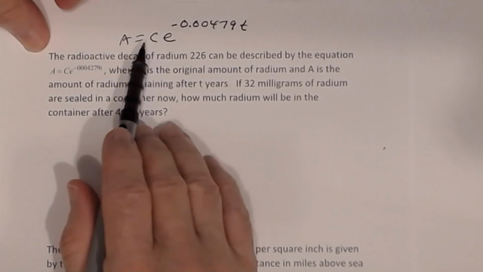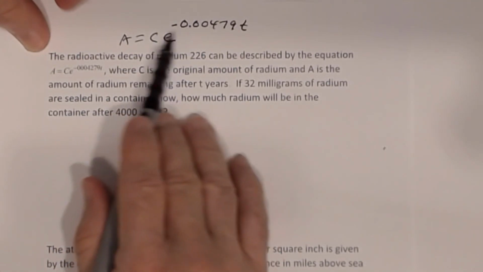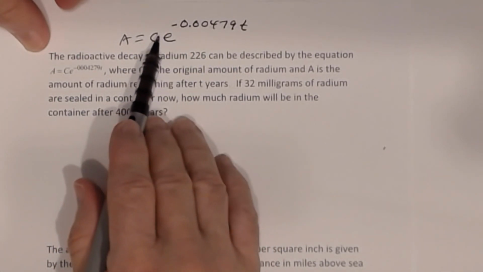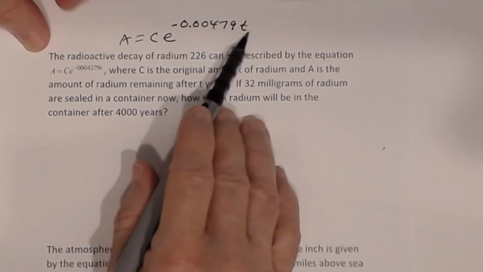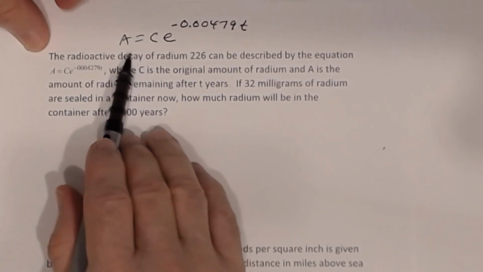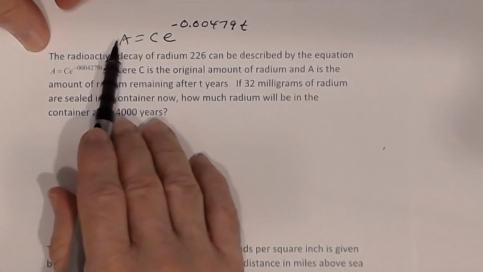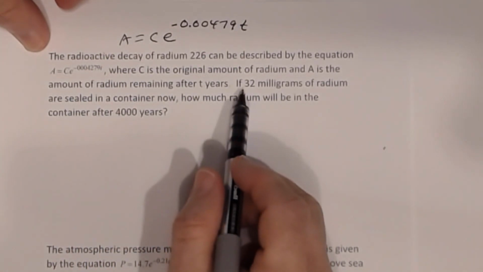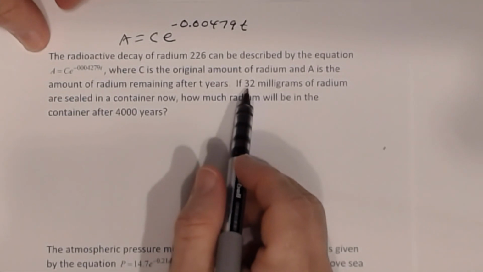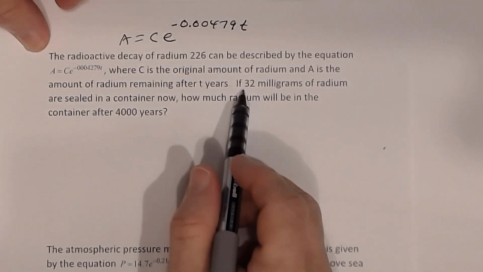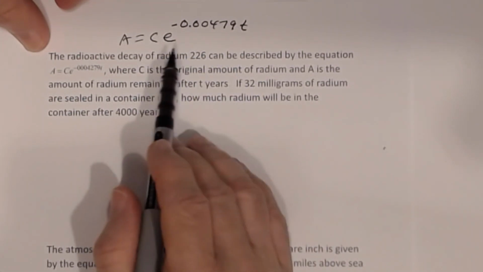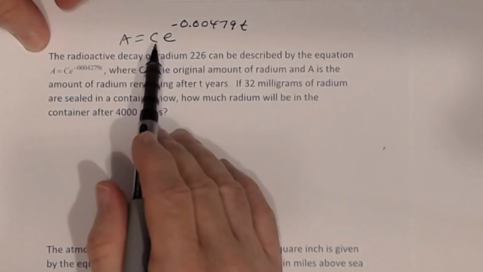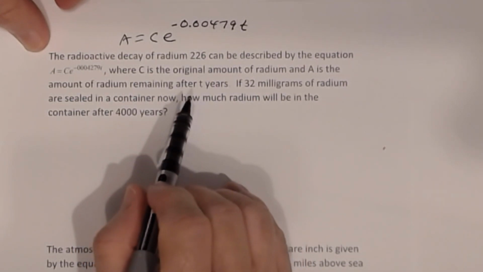All right, so notice there on the right side, there's this variable C and this variable T, okay? And on the left side, you have the variable A. Notice that it says if 32 milligrams of radium are sealed in a container now, so you got to determine which of these variables represent 32.